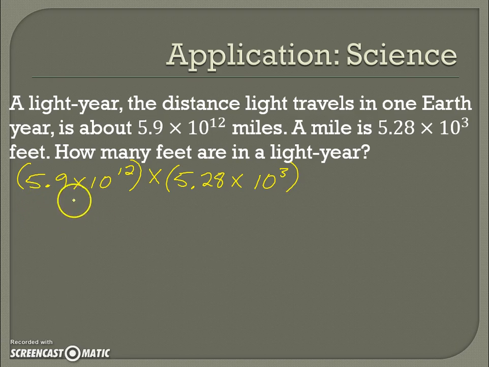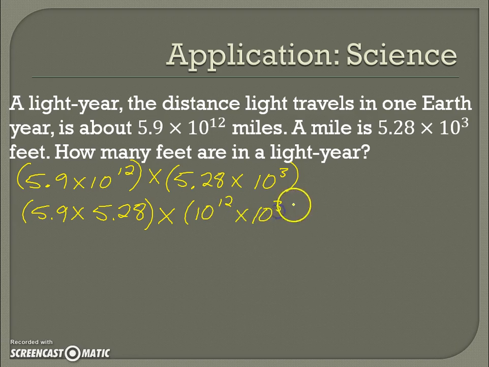Now I'm going to do the same thing that I did before. I'm going to rearrange this and put the two numbers between 1 and 10 next to each other. So 5.9 times 5.28 times 10 to the 12th times 10 to the third.